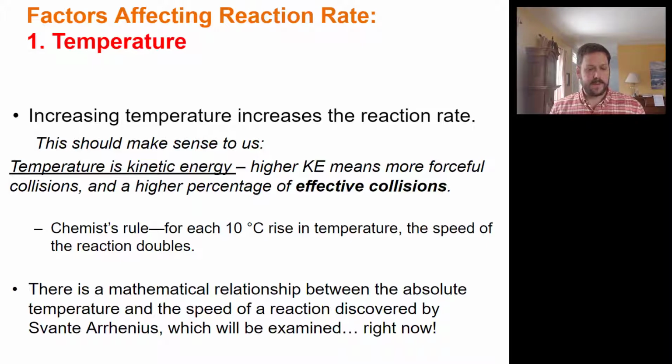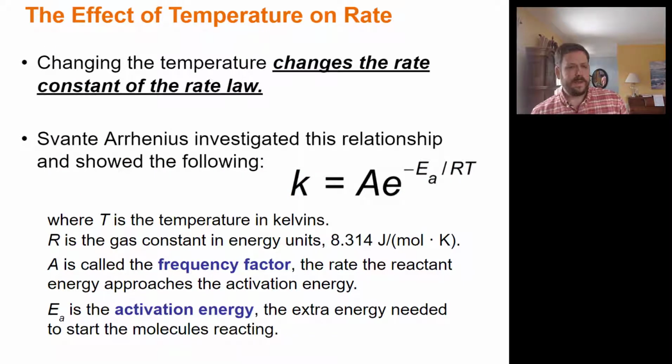That was developed by Svante Arrhenius, and you may recognize that name from his theory of acids and bases. The relationship between the rate constant and the temperature of a reaction is given by this equation, and there's a couple of terms in there that are new and some that are familiar. Temperature in Kelvin, R, the ideal gas law constant, are familiar.